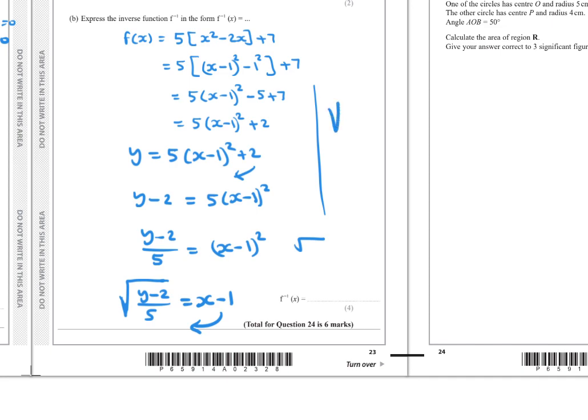So we have square root of (y minus 2) over 5, plus 1, equals x. So the inverse now equals square root, switch y to x, so square root of (x minus 2) over 5, plus 1.